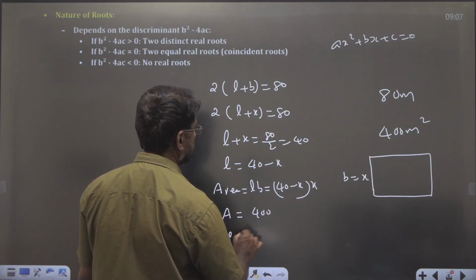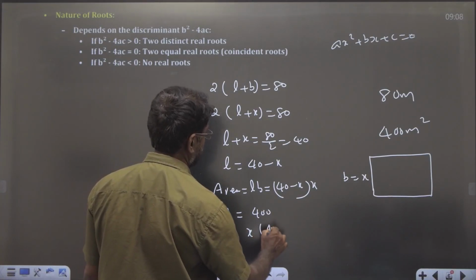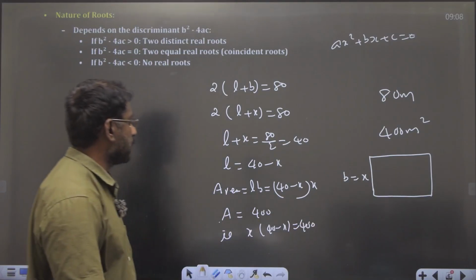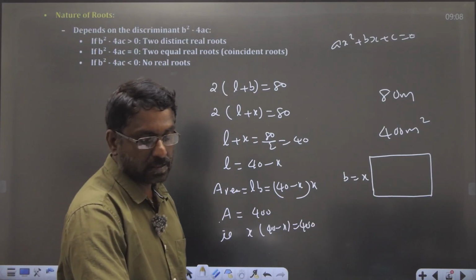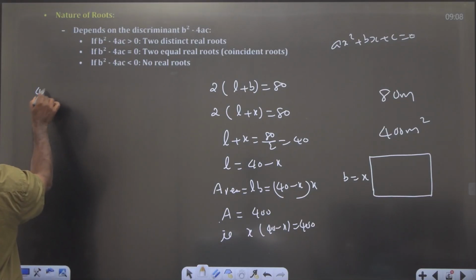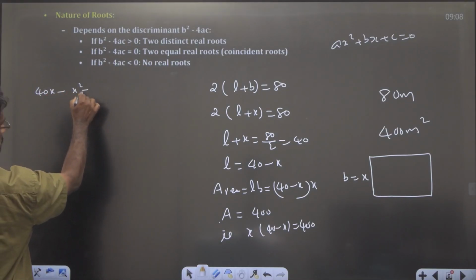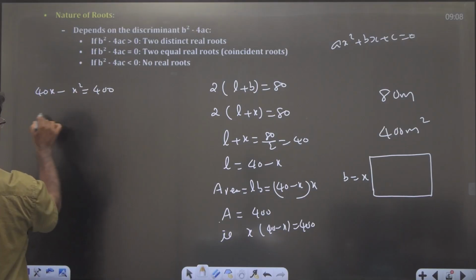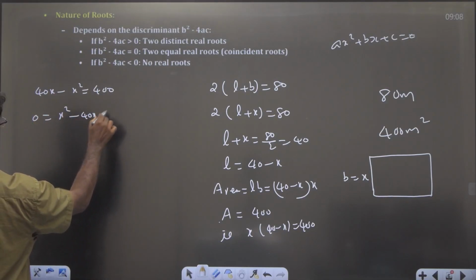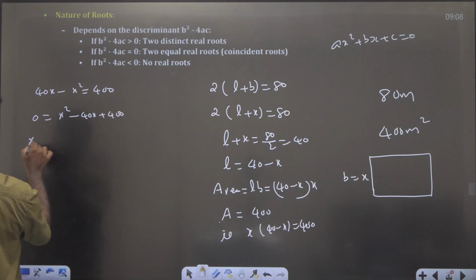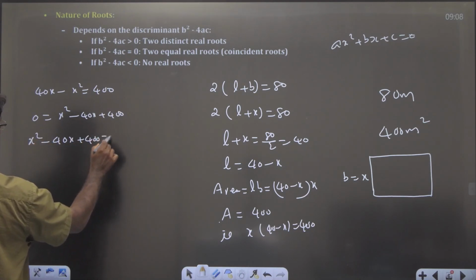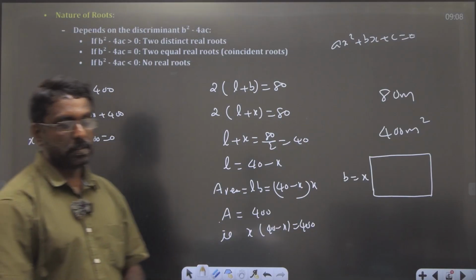That is x into 40 minus x is equal to 400. Expand it. 40x minus x square is equal to 400, or 0 is equal to x square minus 40x plus 400. x square minus 40x plus 400 is equal to 0.